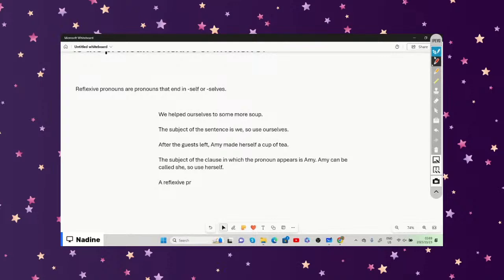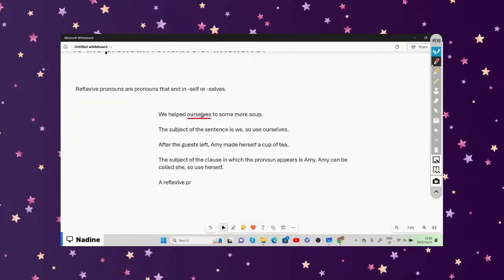If we identify our reflexive pronoun, we will say it is ourselves.